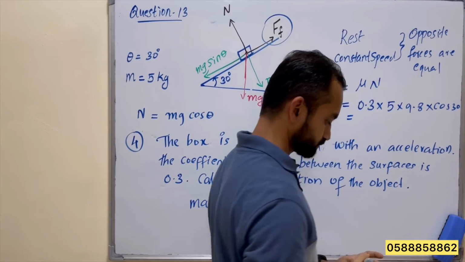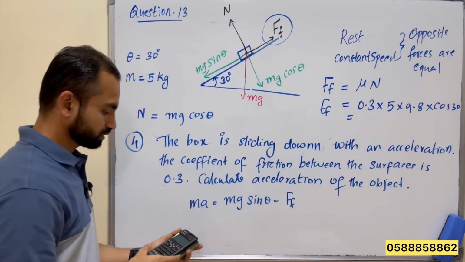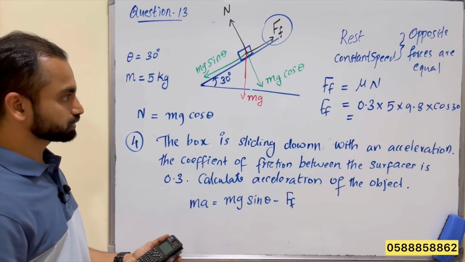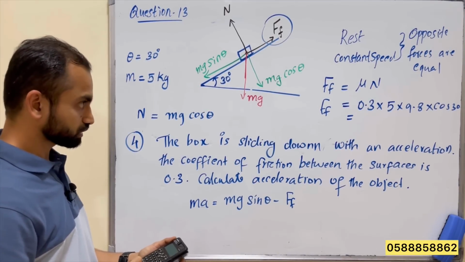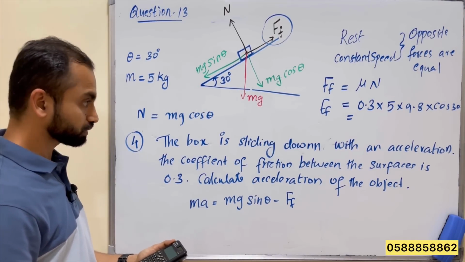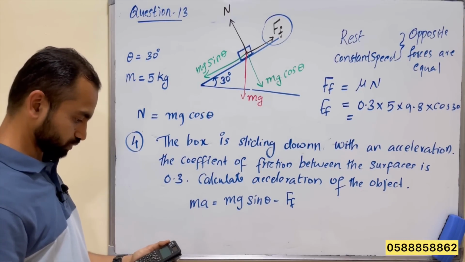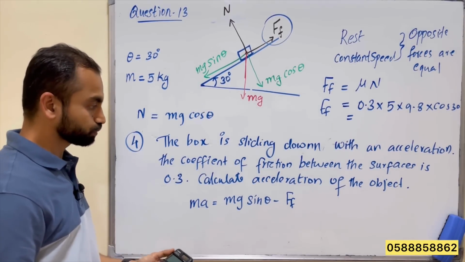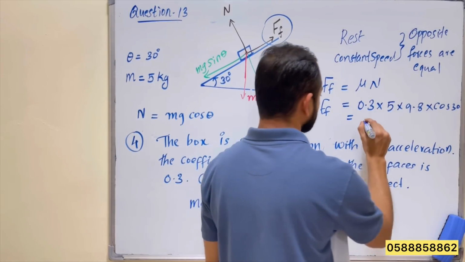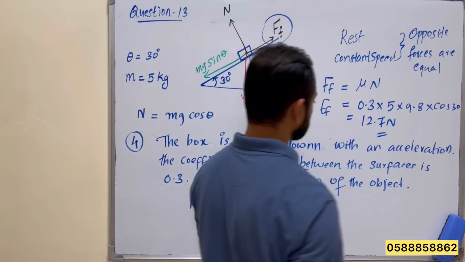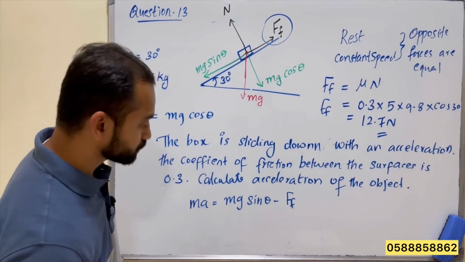So 0.3 multiplied by 5 multiplied by 9.8 multiplied by cos 30 equals 12.7 Newton. That is the force of friction.